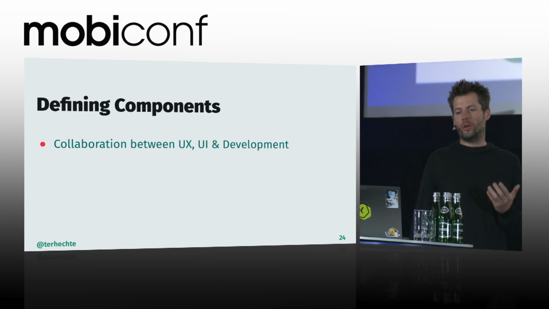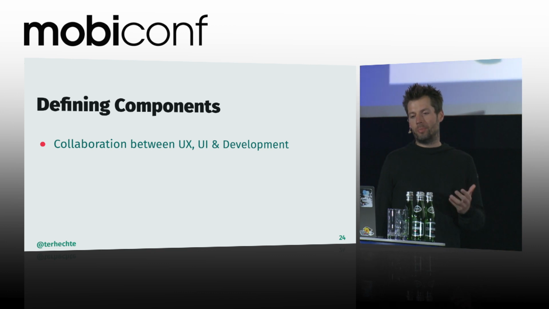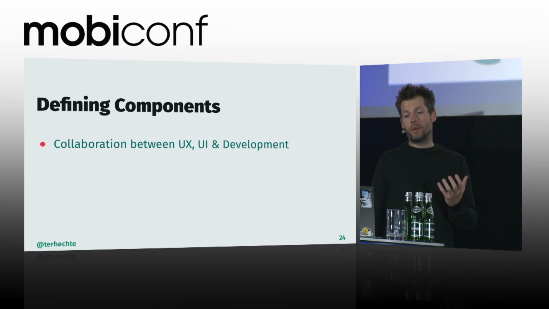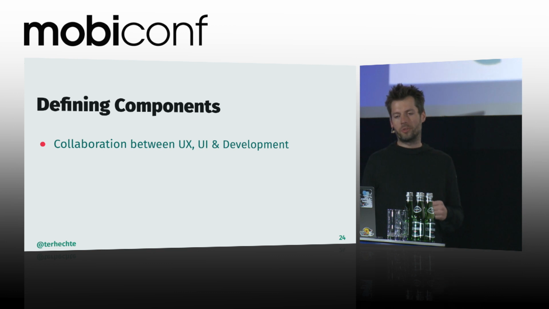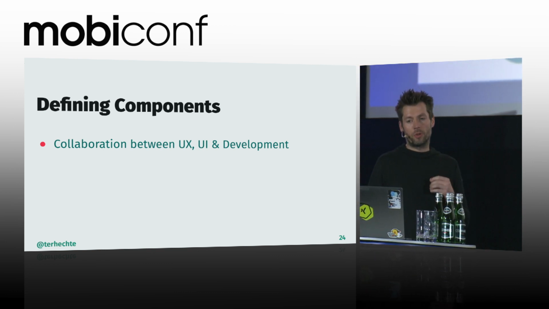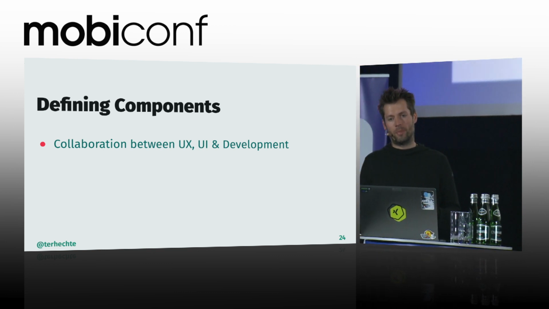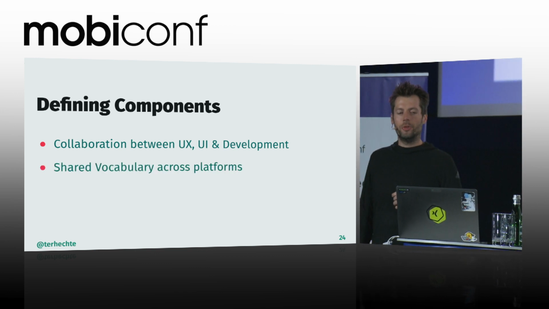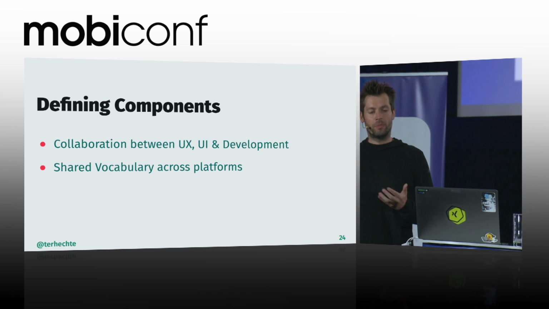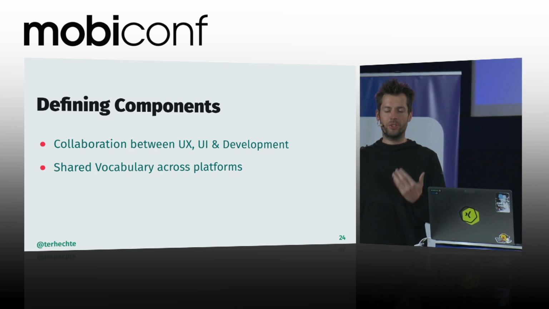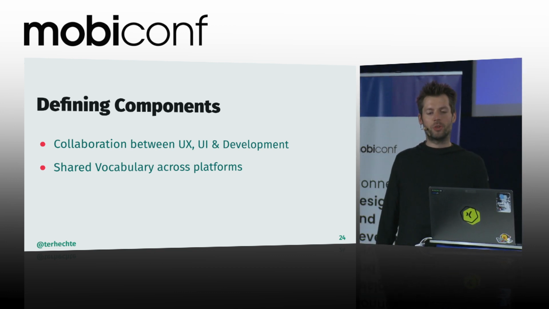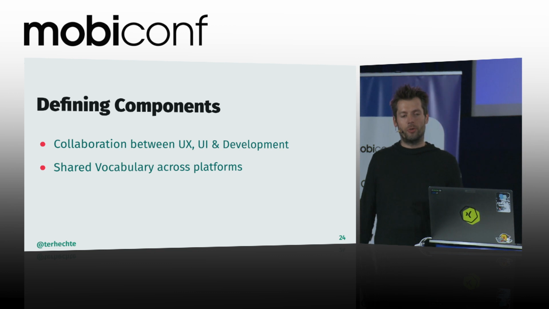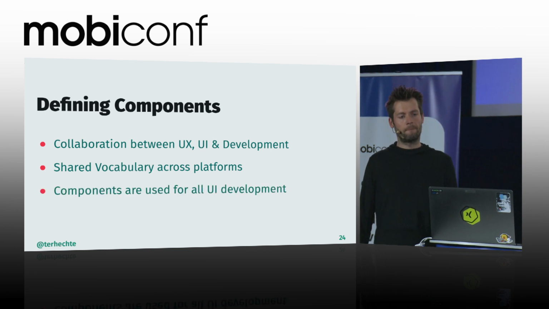So this is a collaborative effort where development and design work together to define these components, to also make sure that they are consistent with what the platform expects, let's say iOS. Also, you develop a shared vocabulary across platforms, so that it's much easier for a designer to express what he wants by using a vocabulary that everybody understands.